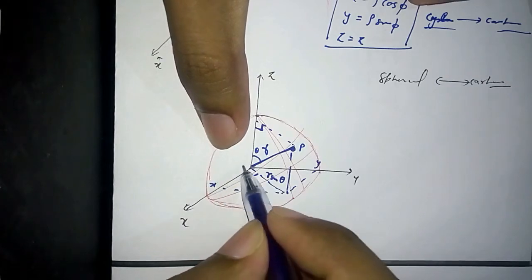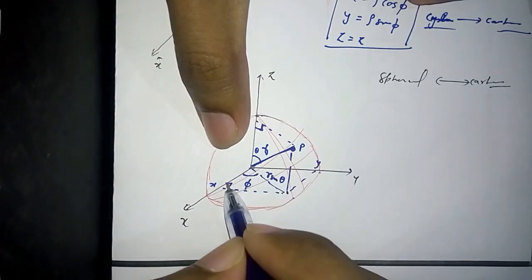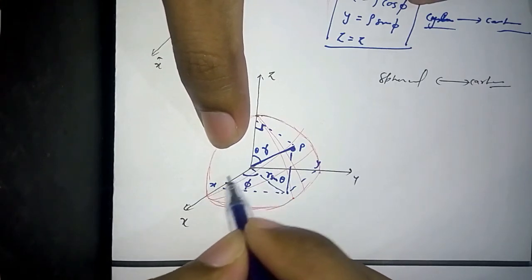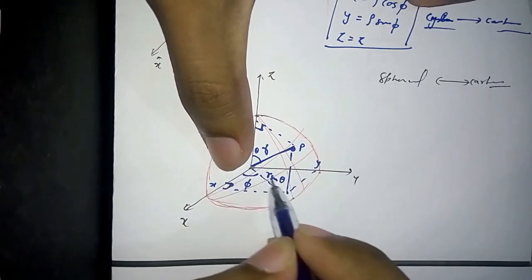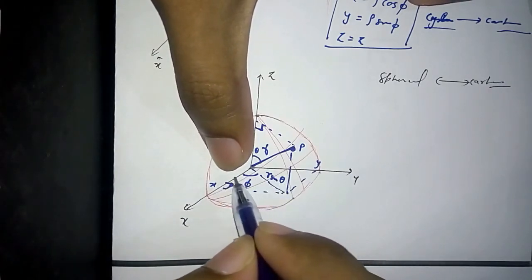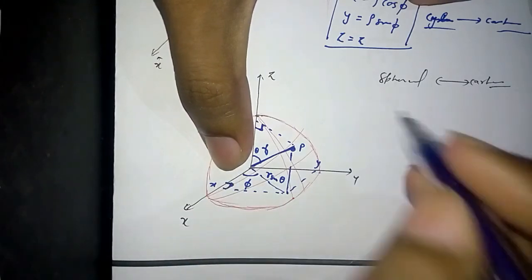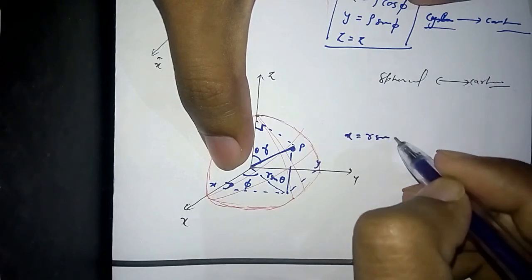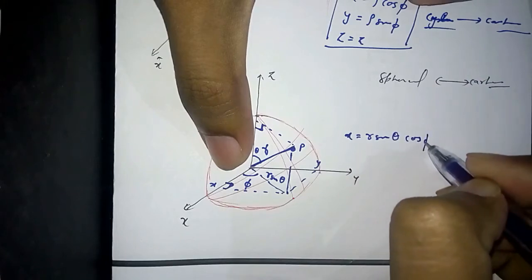So x is equal to r sin theta, this will be the hypotenuse side as we discussed in the cylinder. This is the hypotenuse side and this is where the angle is making. So r sin theta into cos phi is equal to x, like x is equal to r sin theta, which is the hypotenuse, into cos phi.